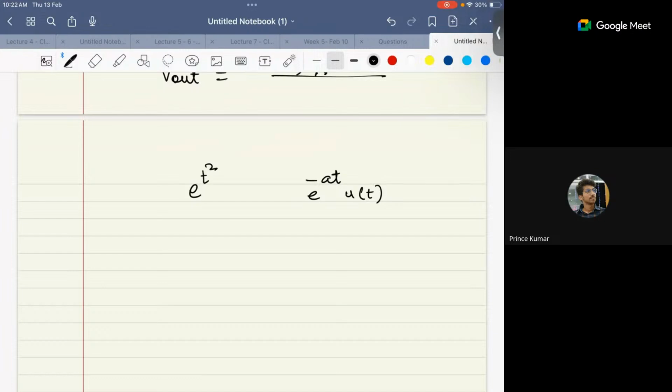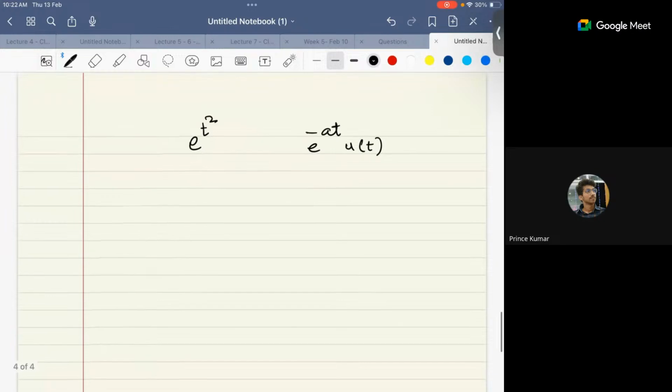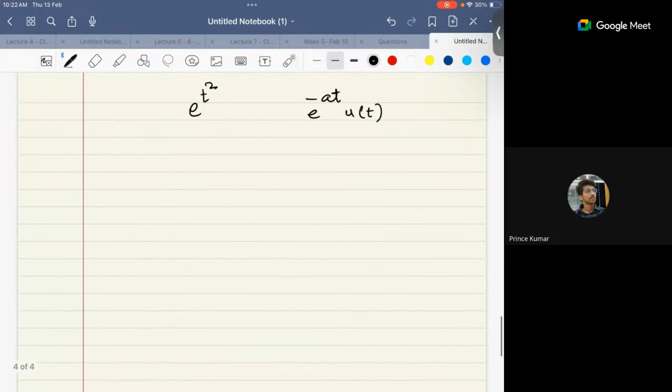Are you getting me? Okay. Yeah, that was my question, what are the limitations? Okay, see, for example, if you have to calculate for e to the power minus 2t, how do you calculate the Laplace transform? Whatever function has been given to you, you multiply by e to the power minus st and then you integrate it, correct?